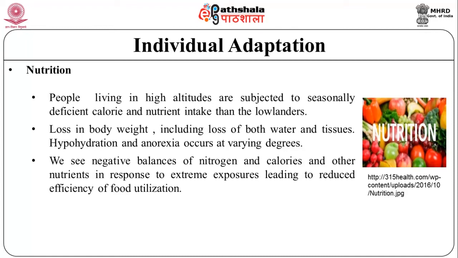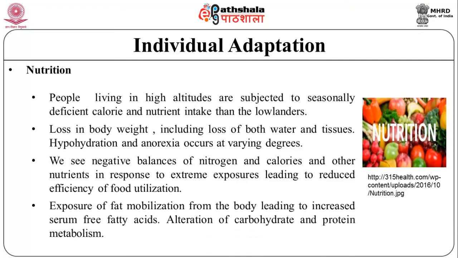We see negative balances of nitrogen, calories and other nutrients in response to extreme exposure, leading to reduced efficiency of food utilization. There is fat mobilization from the body, leading to increased serum free fatty acids. There is alteration of carbohydrate and protein metabolism as well.